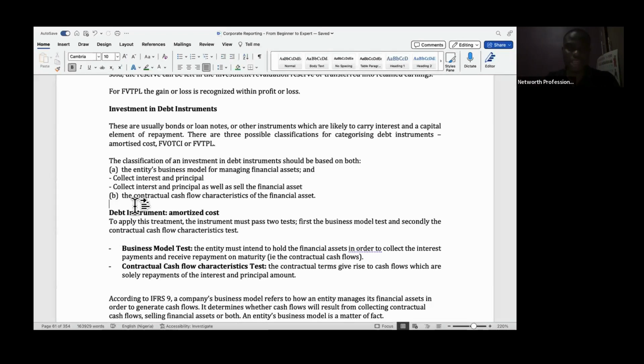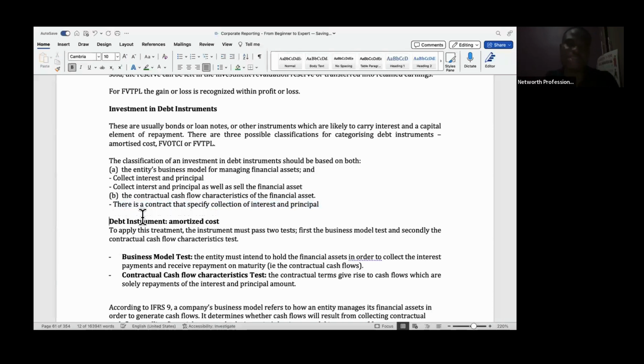You see, this contractual cash flow means that there is a contract that specifies collection of interest and principal. Don't complicate these things. It's as simple as it is. This second one means that there has to be a contract that says that, oh yes, we have agreed that you will collect interest and principal.